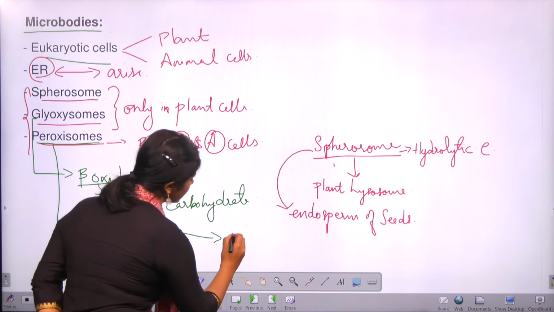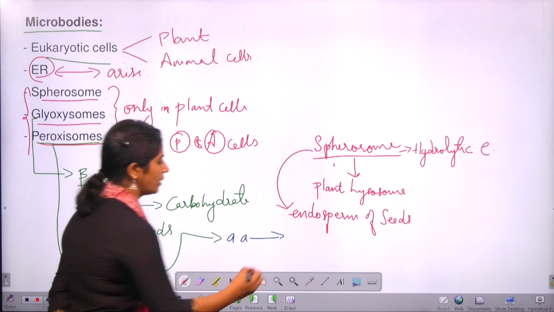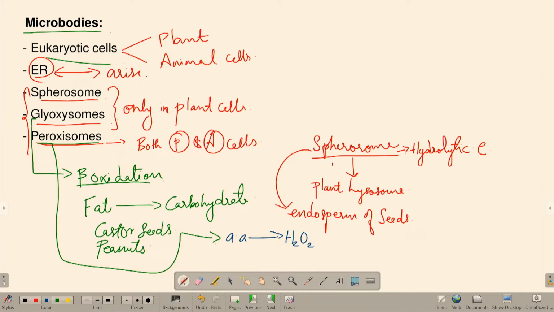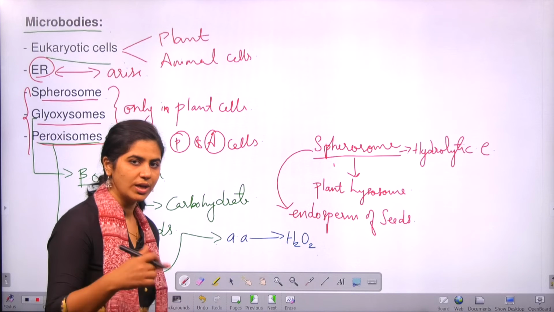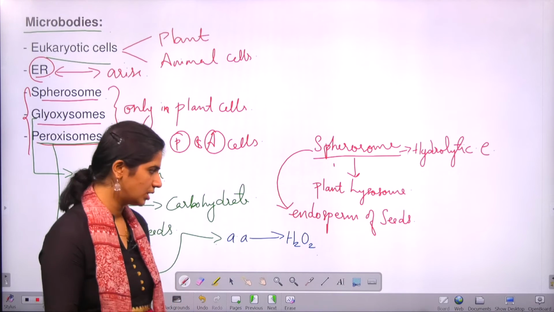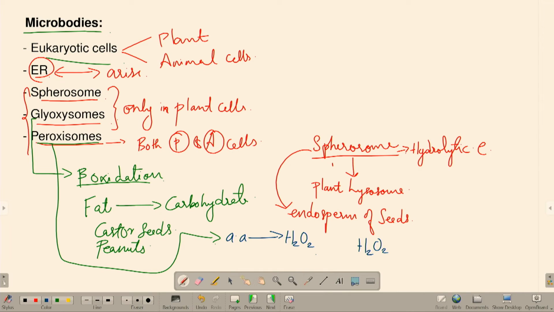So it converts amino acids into hydrogen peroxide, H2O2. While H2O2 is toxic to the cell, H2O2 is again converted into a less toxic or non-toxic form. So H2O2 is converted into H2O plus O2.